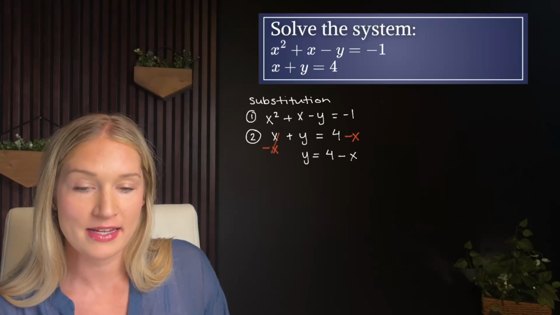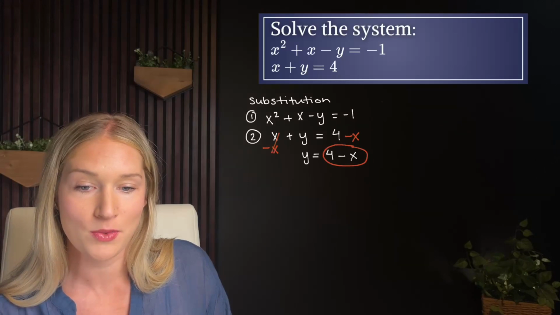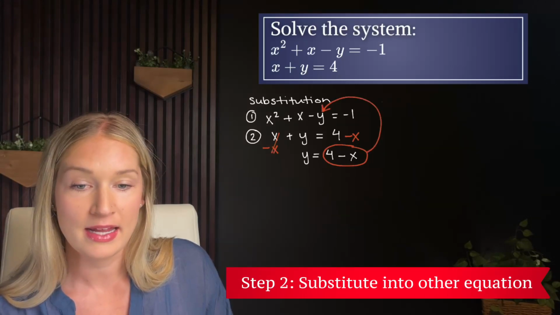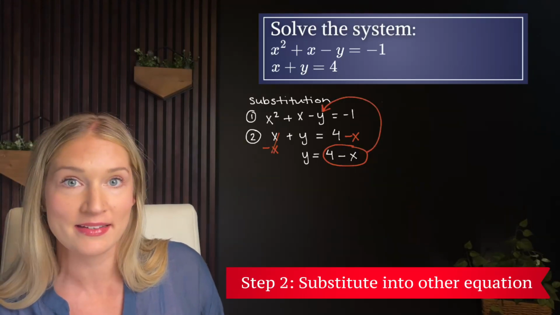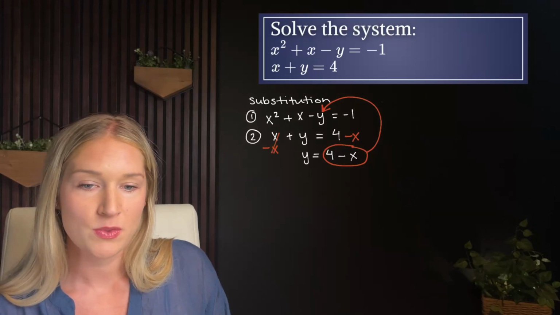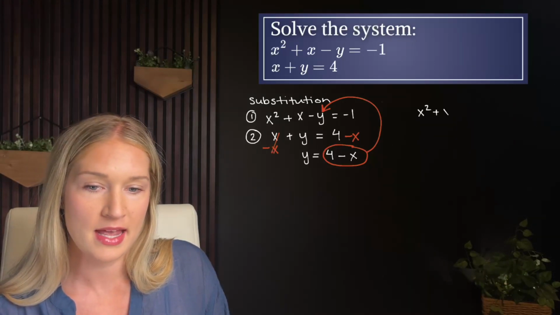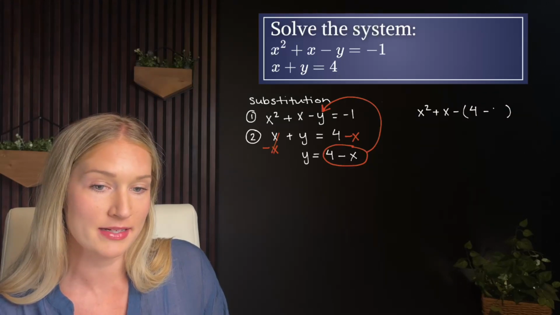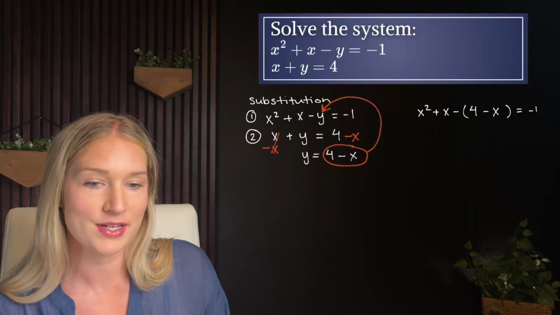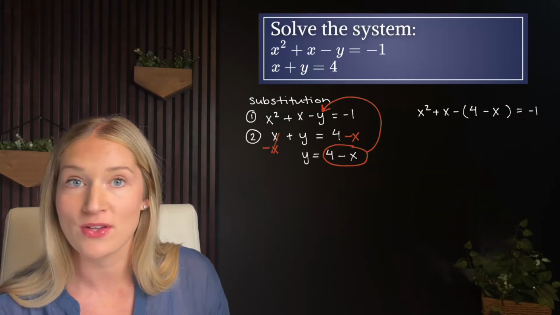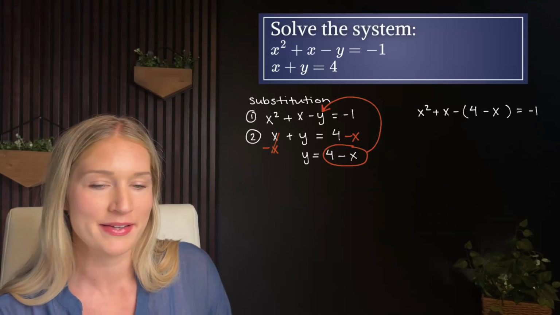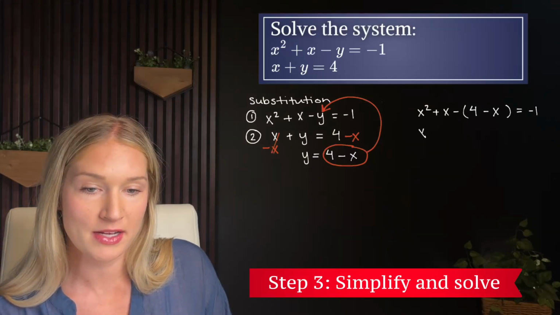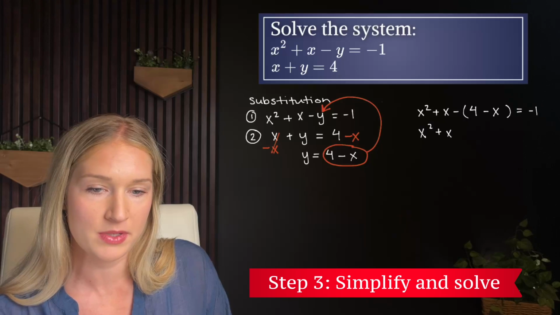So now I can take this value of y, go ahead and replace it in the one position that it's in the first equation. So I then have x squared plus x minus the entire y, which is 4 minus x. And that all equals -1. Now my equation is all in terms of a single variable, so I can solve. I'll start by distributing that negative, and then I will simplify.